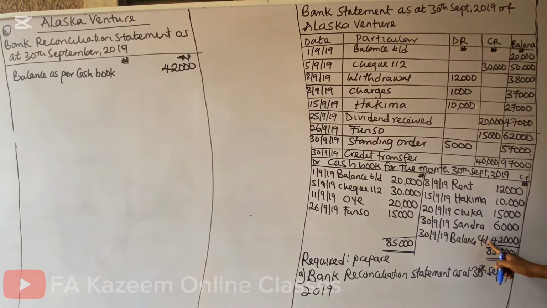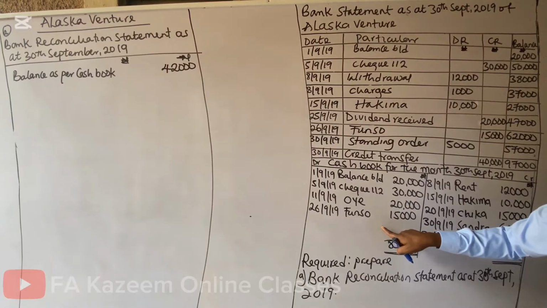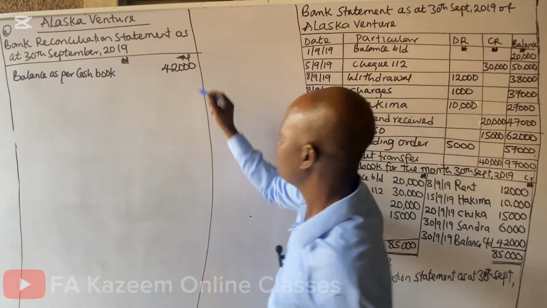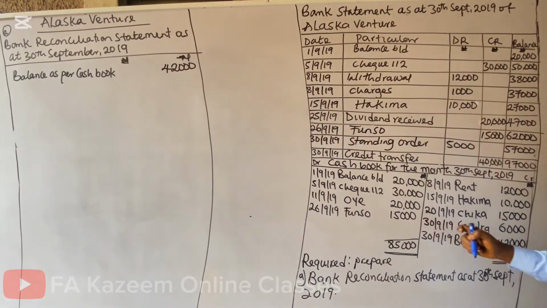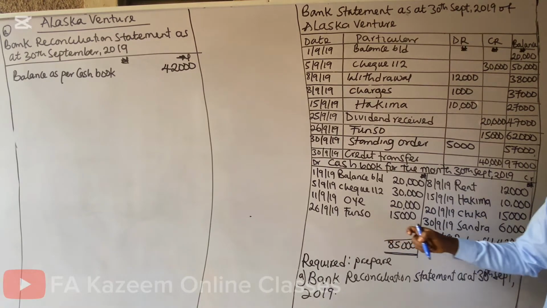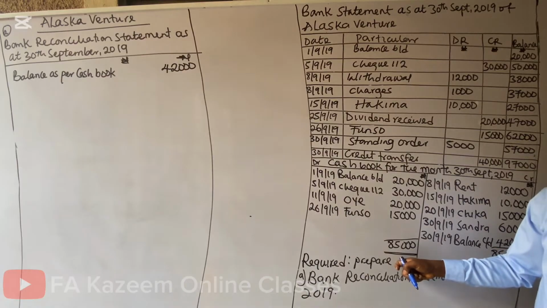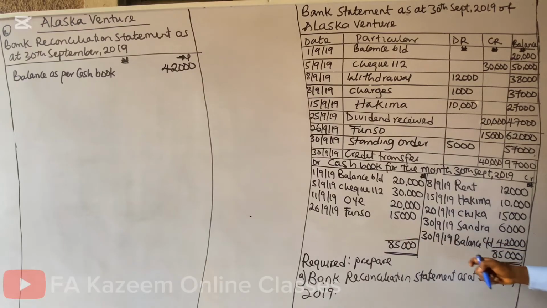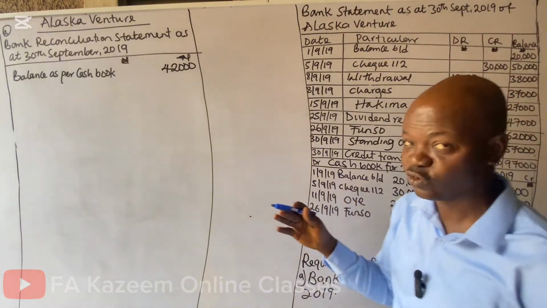If this balance carry down fell on the debit side, what this figure means is balance as per cash book overdraft. Overdraft means you put this figure in brackets. It means there's an overdraft balance in the cash book. If the balance carry down is on debit, there's a normal balance to the debit side. That's normal balance. But if the balance carry down is on the credit side, the balance BD will fall on the credit side. And once the balance BD falls on credit side, it is bank balance overdraft.